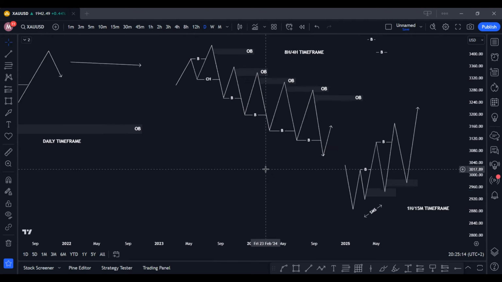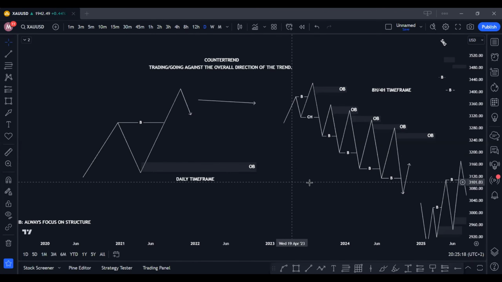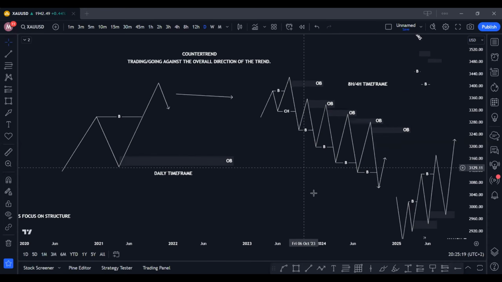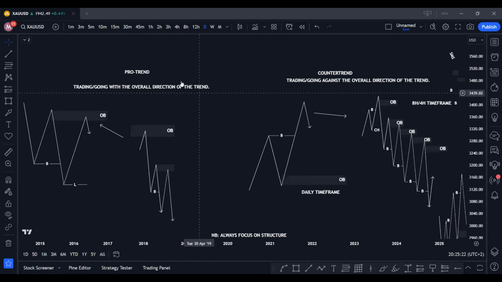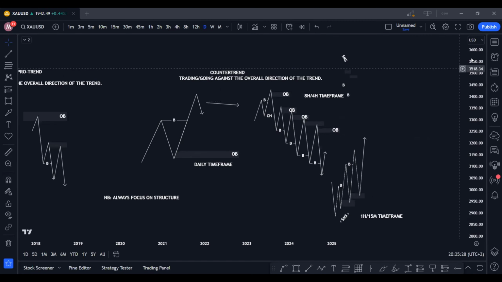So yeah, without further ado, that's it for the textbook examples for your counter trend and your pro trend trades. Okay, so now let's move and dive deep within the markets.